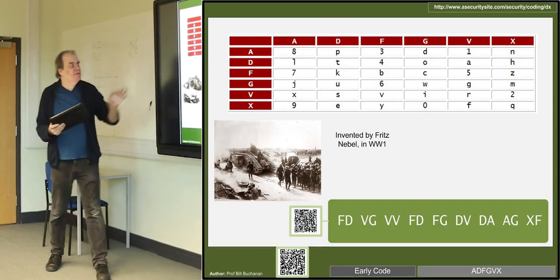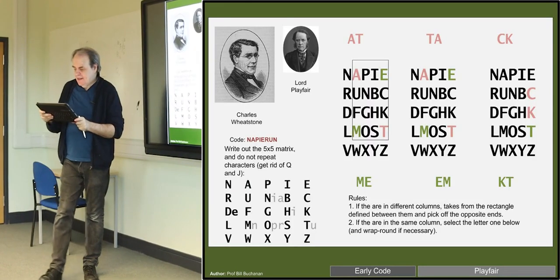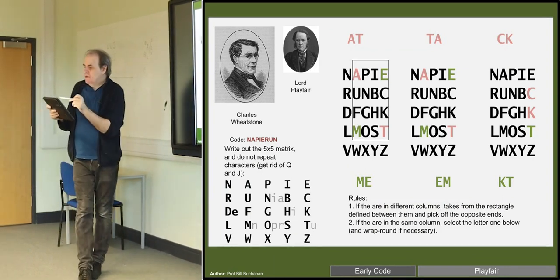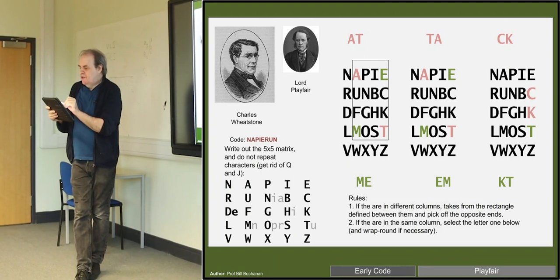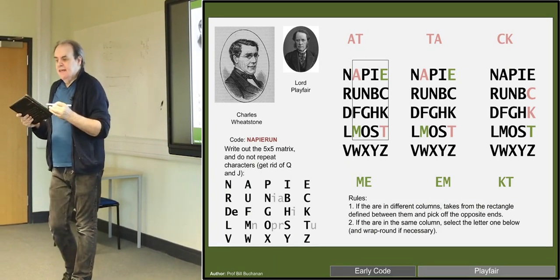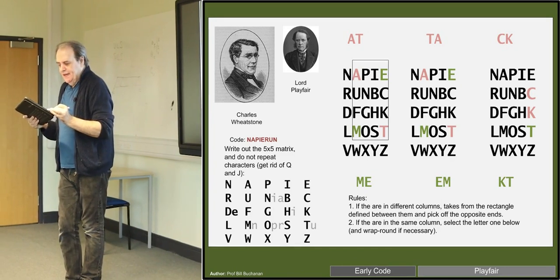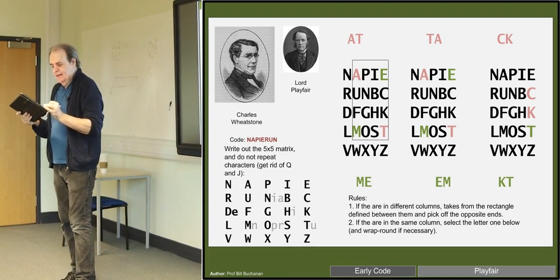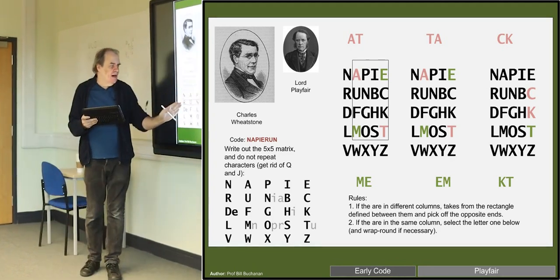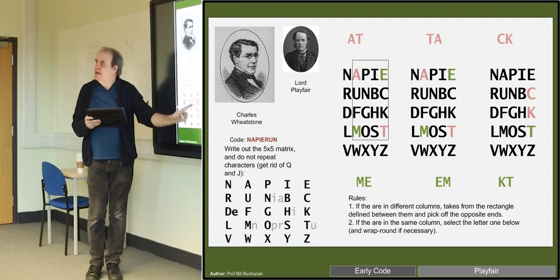And you've got other ones that are based on grids that we can set up. The Playfair code was one of the few which used a key. So in this case, we use a key of Napier Uni. We don't repeat the letters, and we lay out our grid like that.